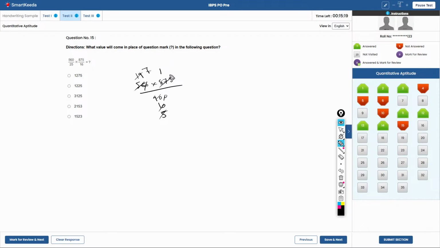So 1. So it's close to like this or this. Okay, I have to calculate. So 5, 1 into 2. It's 7 into 16. So 17. 5.